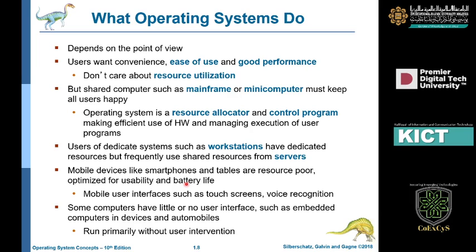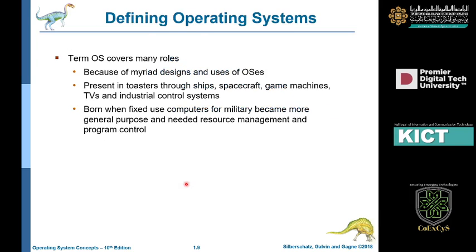In some cases, some computers have little or no user interface. This is common in embedded systems like your smartwatch, the car navigation system, or some of the entertainment centers in an airplane. So sometimes it requires minimal user input or interaction.